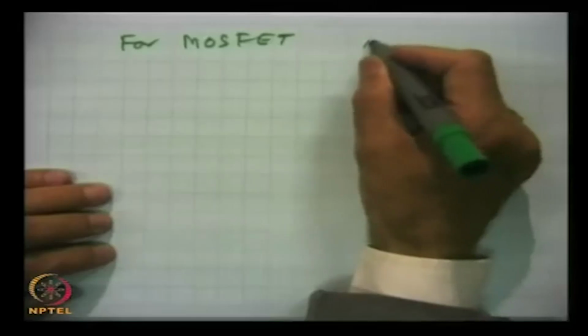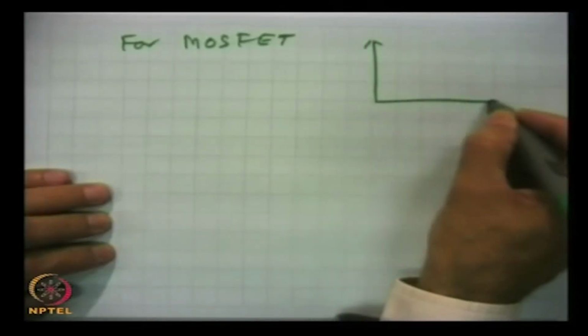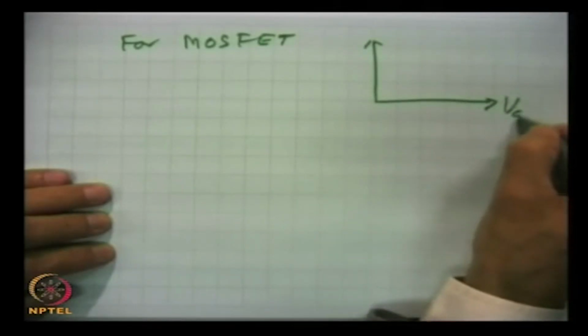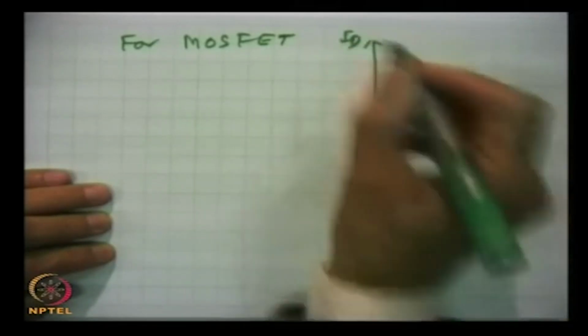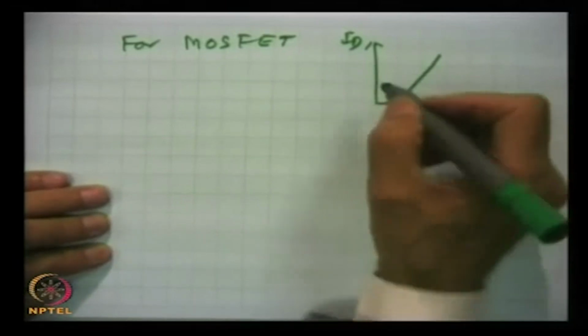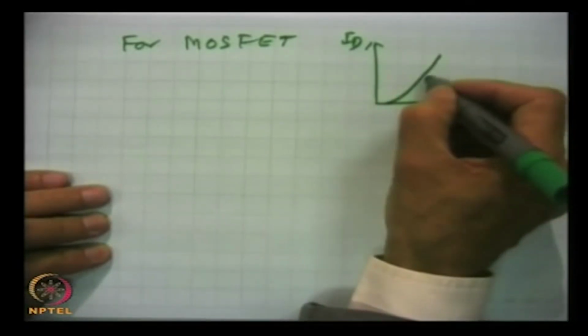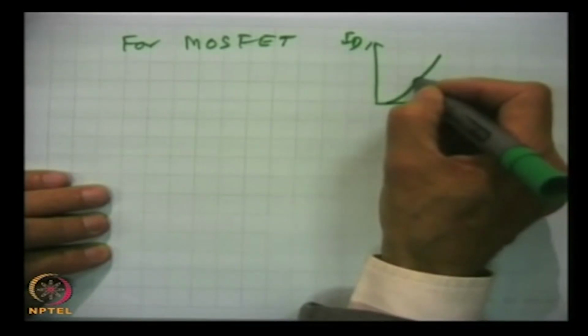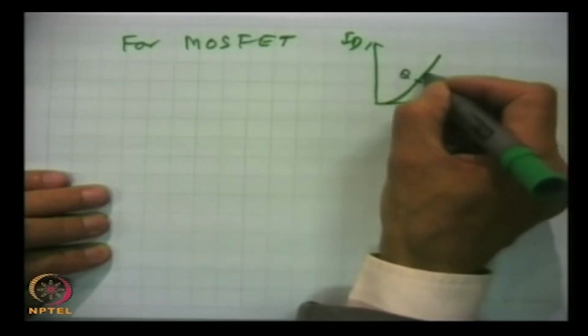This example, this graph, we took for a JFET. For a MOSFET, the curve will be like this. And here we choose the operating point and we drop.